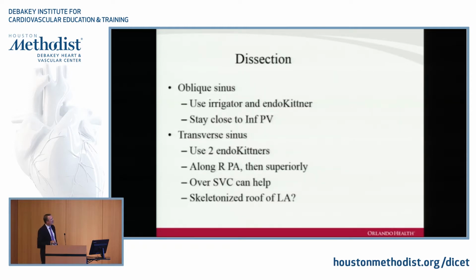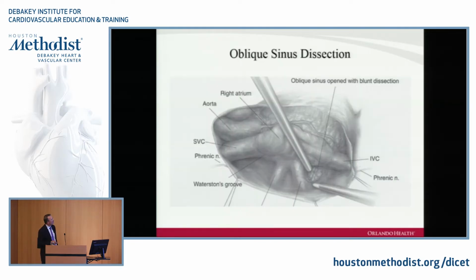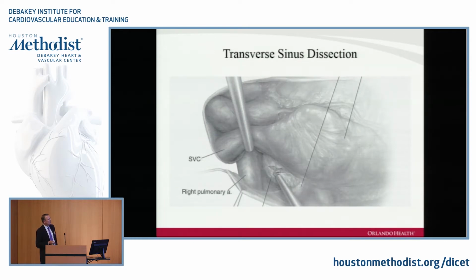safely ligate the appendage. The oblique and transverse sinuses get then dissected to allow you access to the pulmonary veins, and again, we'll show you this in the lab. Basically, blunt dissection around the oblique sinus, and the transverse sinus is what you do on a regular basis transsternally, but it is a little bit different when you're looking at it through scopes from the side.